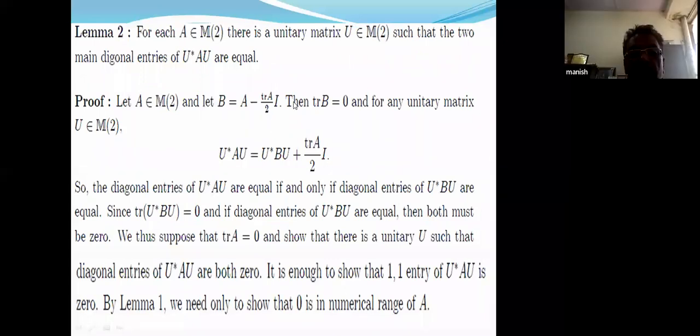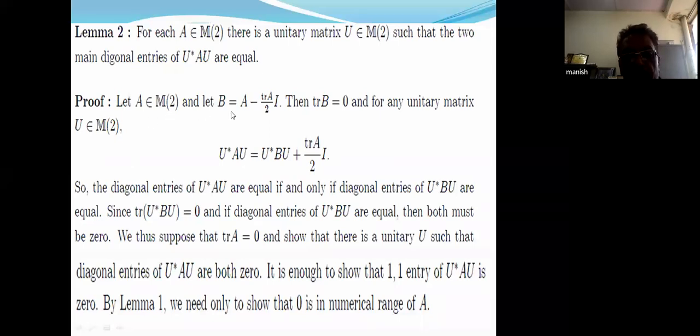Now, the second lemma. If A is a 2 by 2 matrix, then there exists a unitary U such that the two main diagonal entries of U star AU are equal. This means that if the two entries are A11 and A22, then we can choose U star AU to be the matrix whose both diagonal entries are equal.